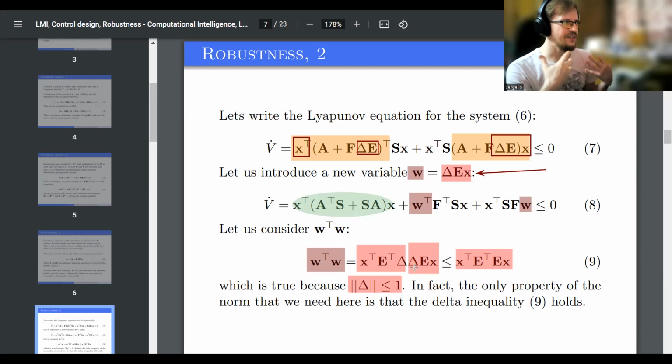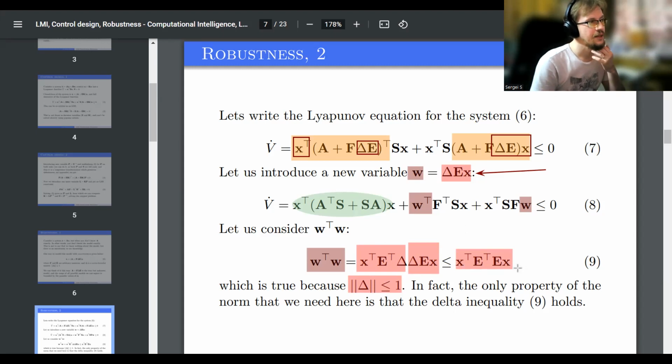So delta is supposed to be the kind of matrix that makes x E transpose delta transpose delta E x less than or equal to x E transpose E x. This is basically the definition of the norm. It has to be the type of norm that makes this possible, and in this case it will be the induced second norm, a matrix norm induced by the second vector norm.